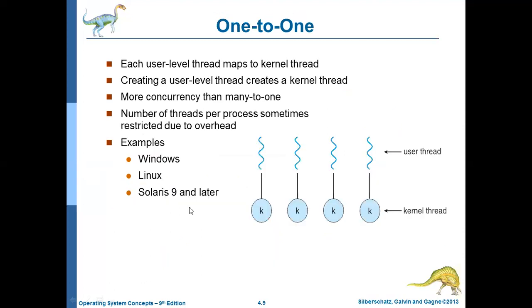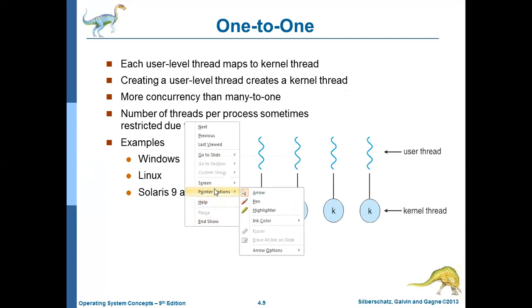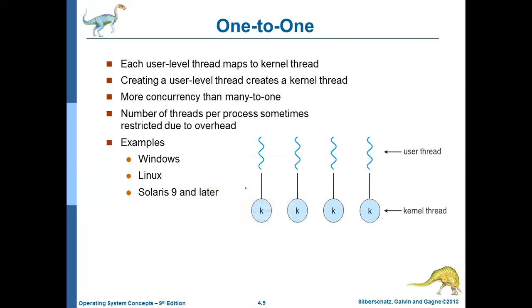Now we'll move on to the next multi-threading model, which is the one-to-one model. If you observe the diagram, in the one-to-one model, for every user thread we have one kernel thread mapped to it. That is the reason why it is called one-to-one. Whenever there is a need for creating a user thread, a kernel thread also has to be created.